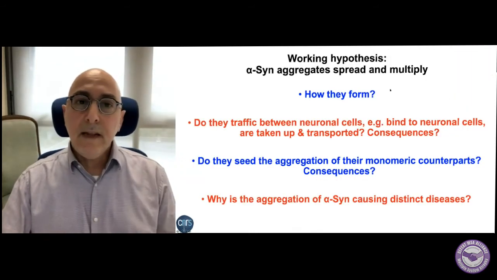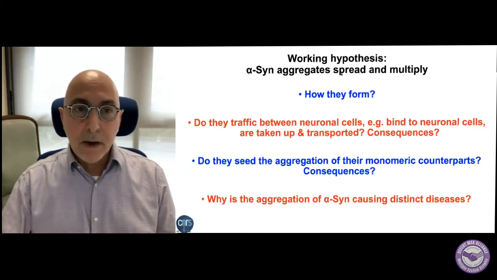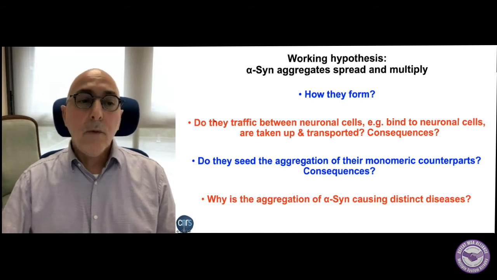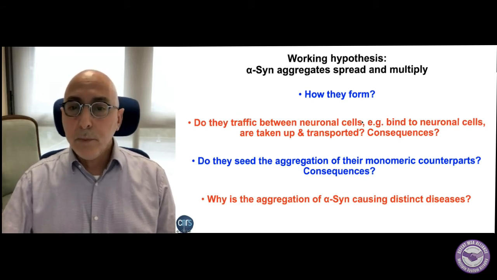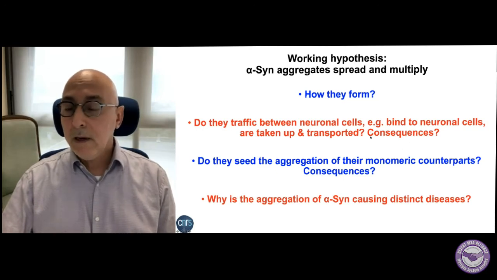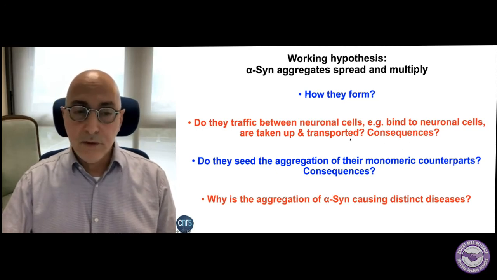So this led many groups, including mine, to hypothesize that alpha-synuclein aggregates can spread and multiply. My talk will be about how they form. I will show you that they do indeed propagate between neuronal cells. I will show you how they bind to the cell, how they are taken up, how they are transported, and I will show you what the consequences of these events are.